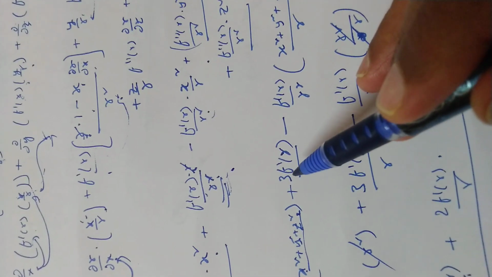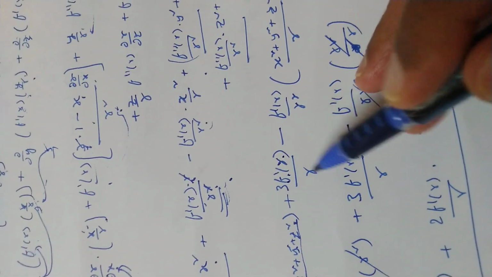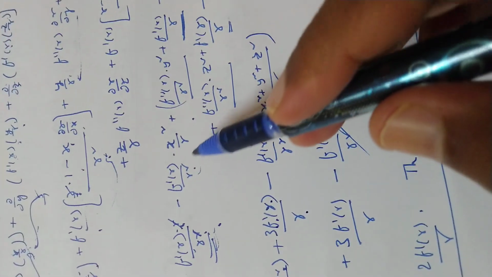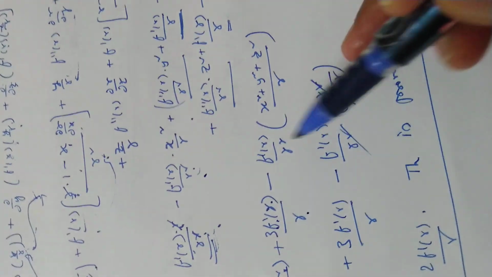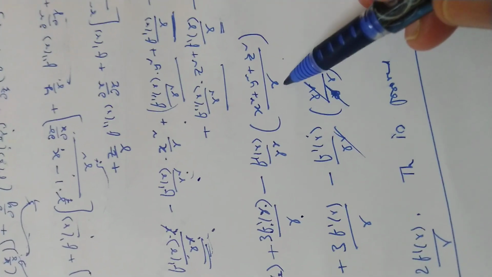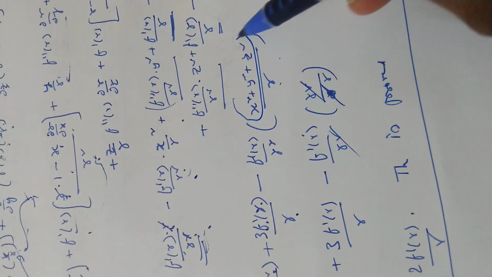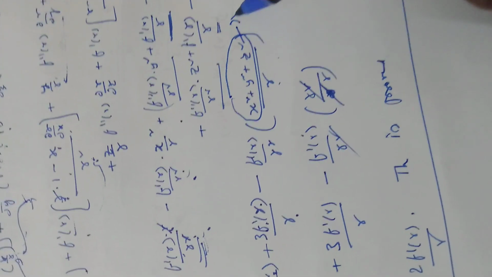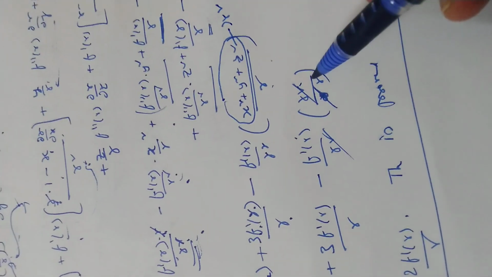So three terms are there. I can write 3 into f dash r by r, and here I can take it common, minus f dash r by r square is common, times x square plus y square plus z square. Already you know that this is nothing but r square, so I can substitute r square here.